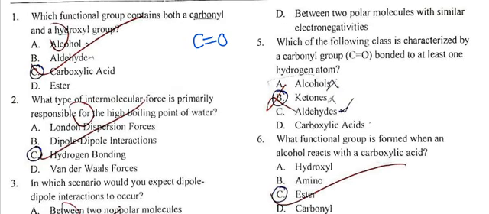But for a carboxylic acid, it makes sense because the structure of a carboxylic acid is like this. This implies that you're going to have a carbon.